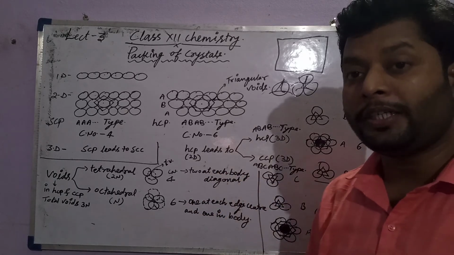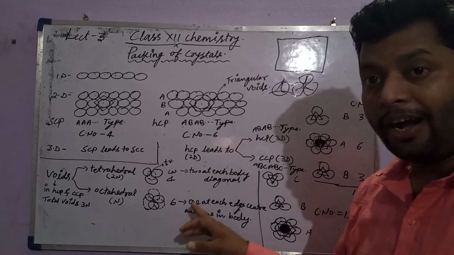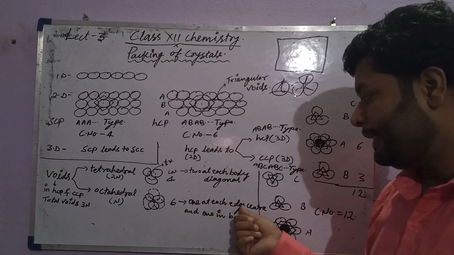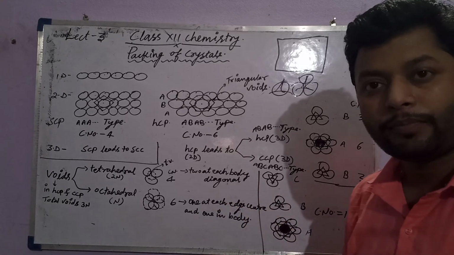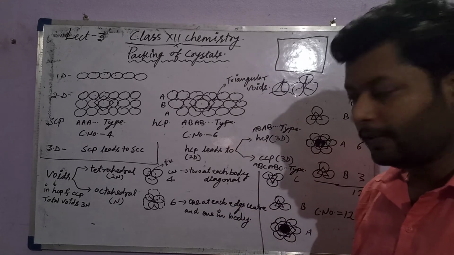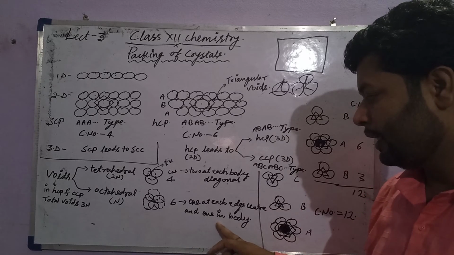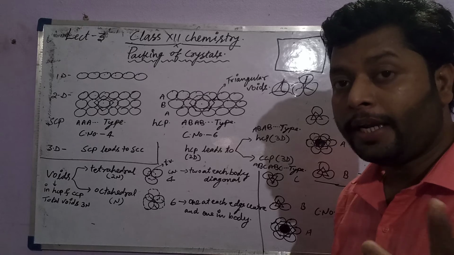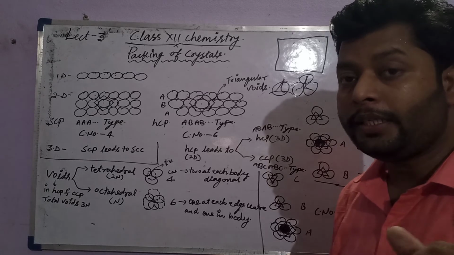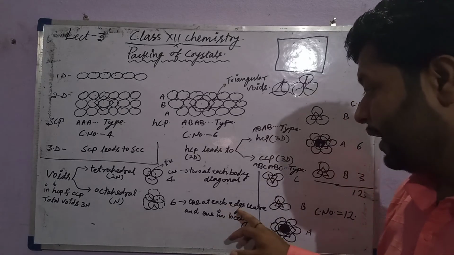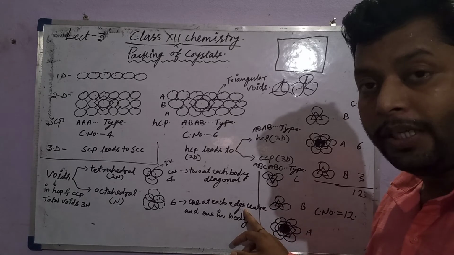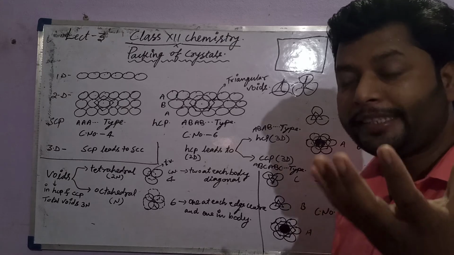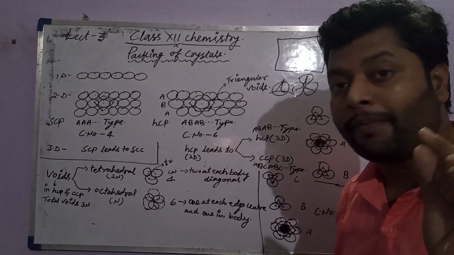Octahedral voids are located 1 at each edge center and 1 in the body center. The participation value of an edge center is 1 by 4.